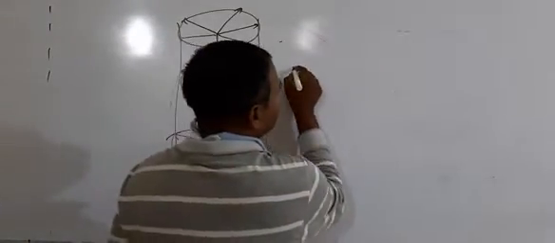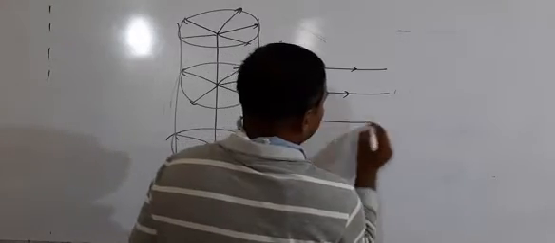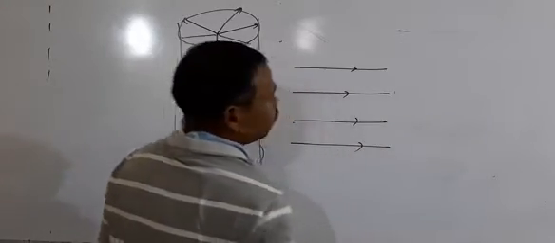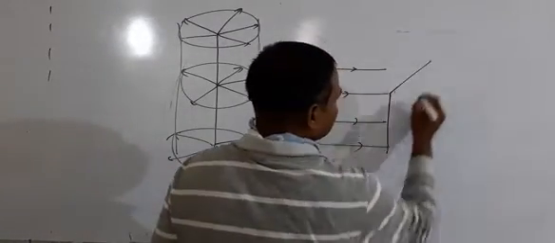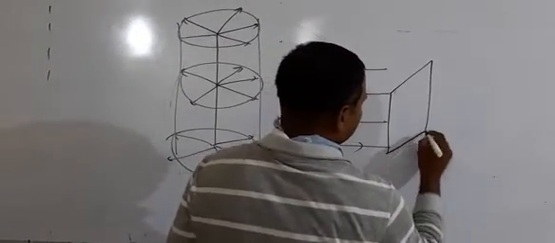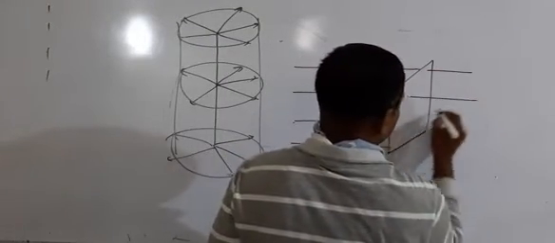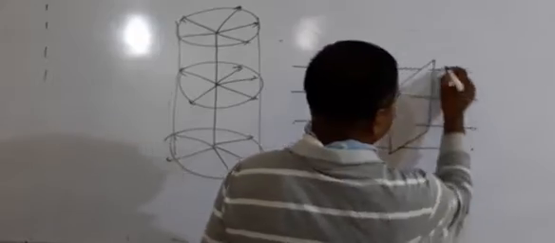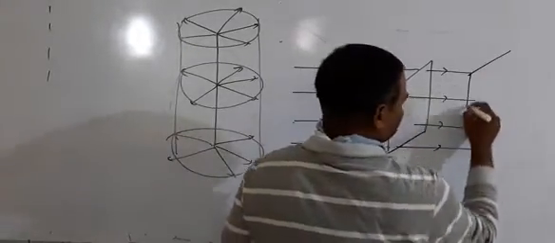And then if the source is at infinity, or light is coming parallel to each other, then what happens? If light is parallel, then we get plane wavefronts like this. This is one wavefront. You can draw another wavefront here also.